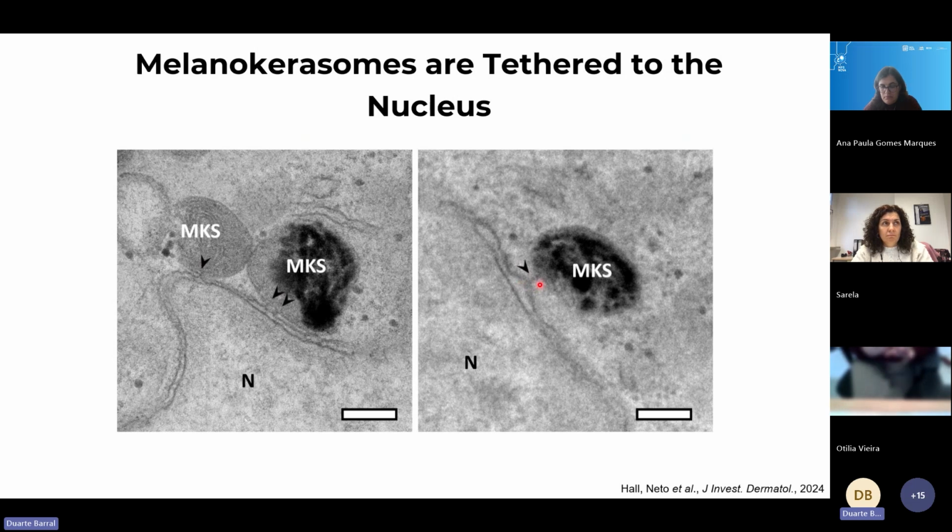We think, and are trying to show, that this is essential to keep the melanin close to the nucleus in the perinuclear area and form the supranuclear caps. So we are now trying to confirm that.